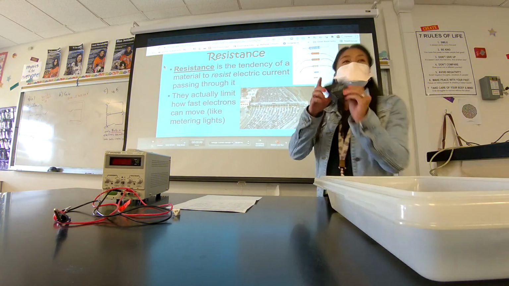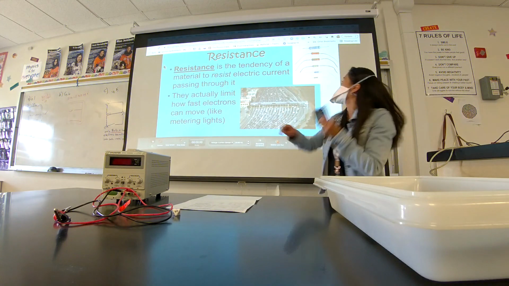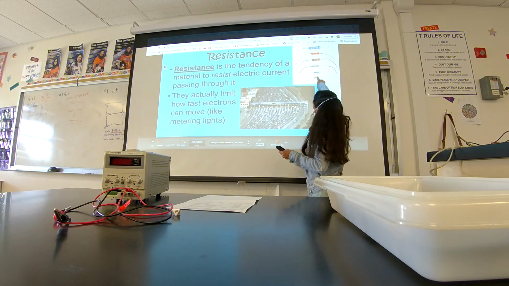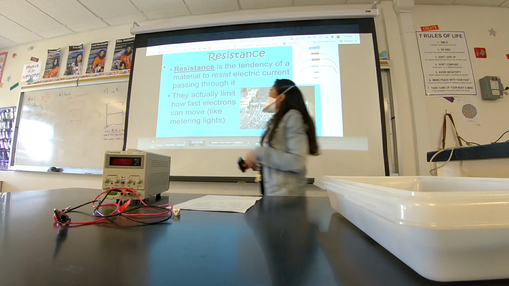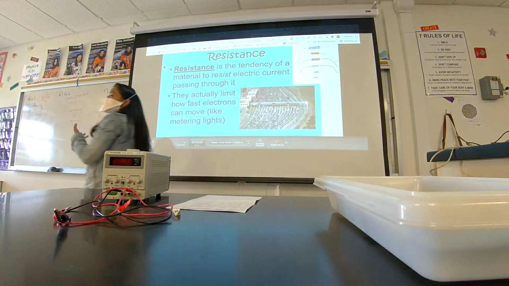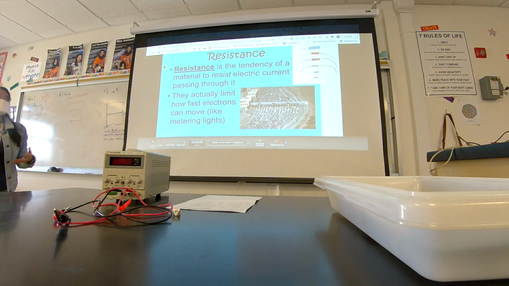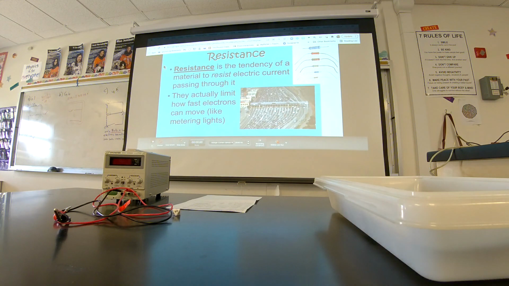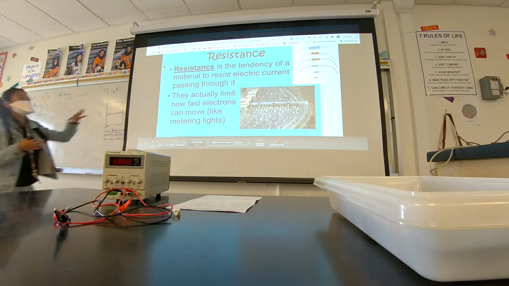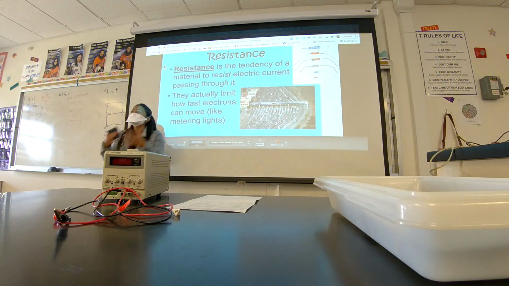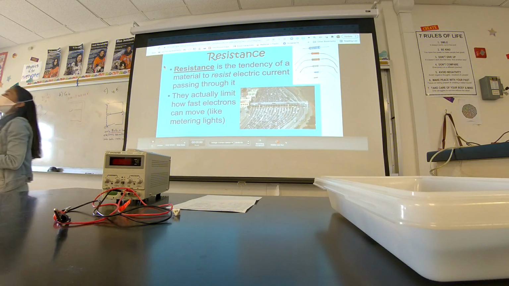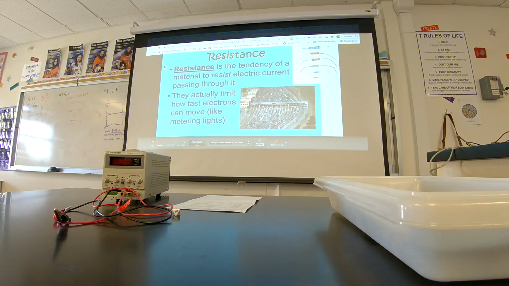Resistance. We're going to work with some little resistors. They look like this. And the meaning is very straightforward because it is a device that resists the flow of current. So it's going to slow electrons down as they travel through your conductors.